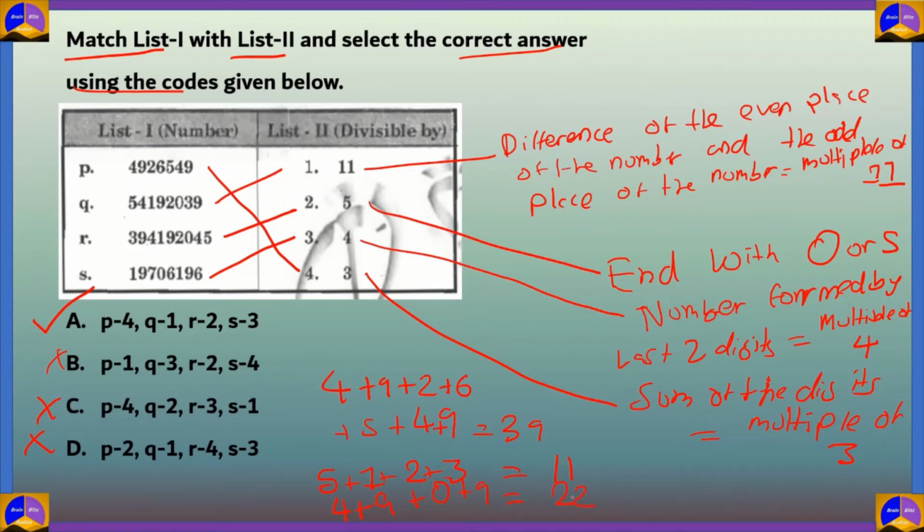The difference of 11 and 22 is 22 minus 11, which will be equal to 11. So 11 is a multiple of 11, so that is correct. So the correct option is option A. P matched to 4, Q matched to 1, R matched to 2, and S matched to 3.